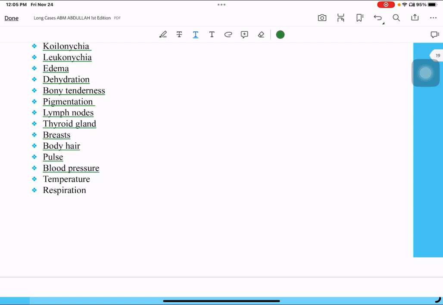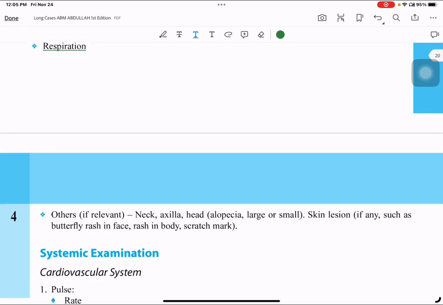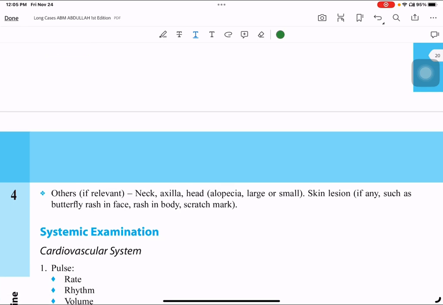pulse, blood pressure, temperature, respiration, and any other relevant. Like we have to look for any lesion in the neck, axilla, and head, like alopecia, or skin lesion, whether any skin lesion is present or not.